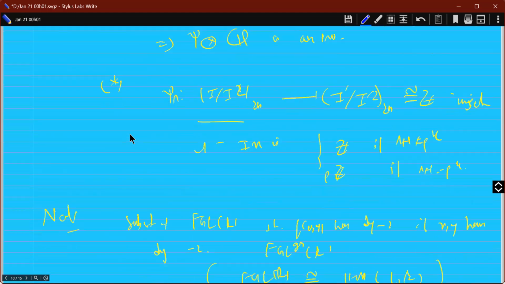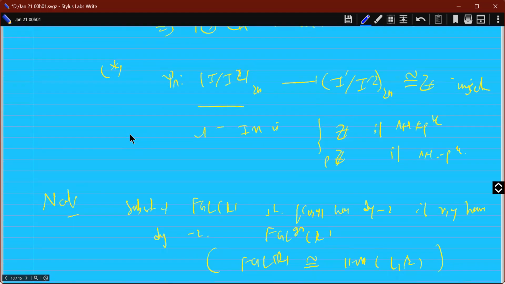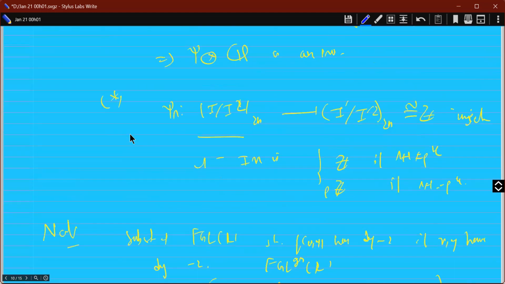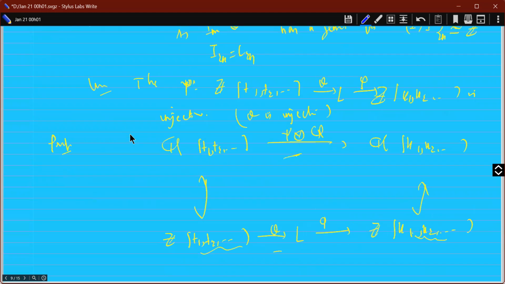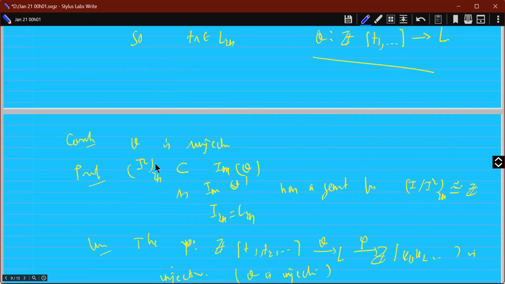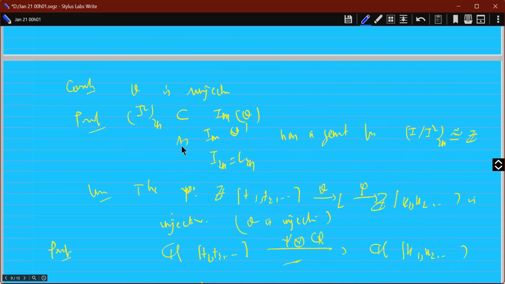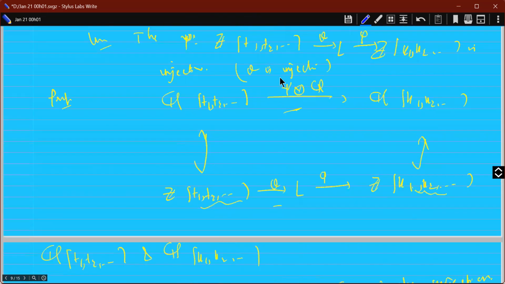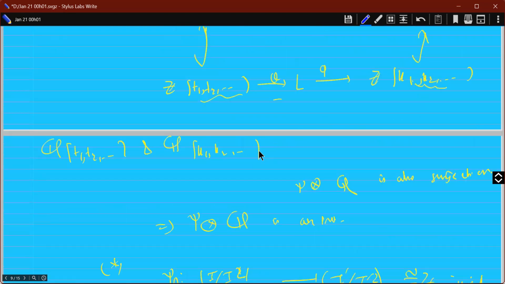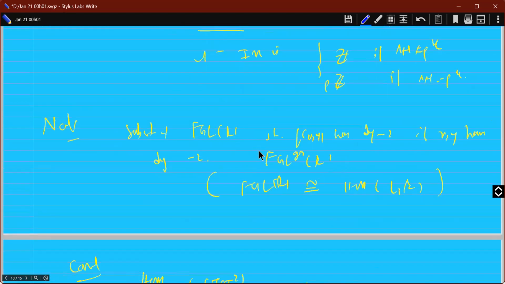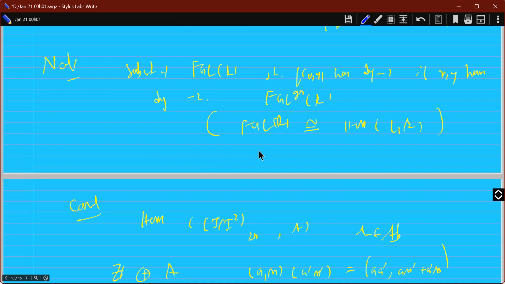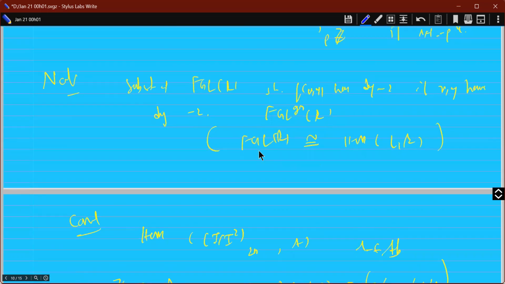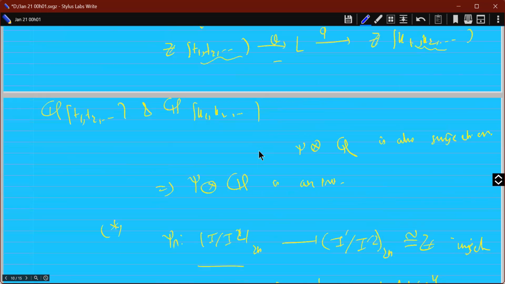As a consequence, we showed that Lazard's theorem is a consequence of that lemma. Yeah, so this theta, we showed that it's surjective, so this was the proof. And again, we showed that it is injective, right? So it is a bijection.